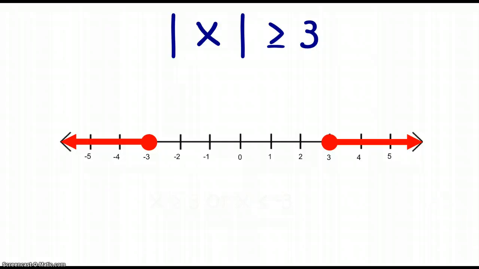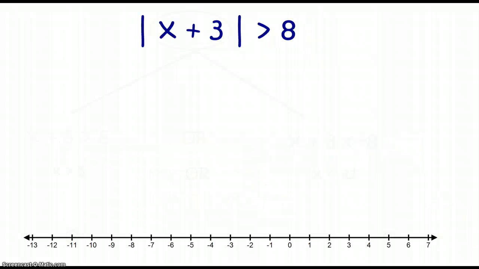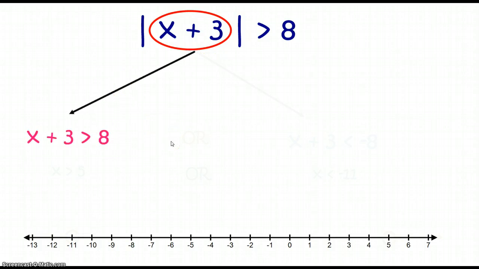Let's try one that's a little more difficult. This time we have more inside of our absolute value symbol. We need to take the inside, and it has to be more than 8 away from 0. So we're going to write two inequalities. One, x plus 3 is greater than 8. And our other one, on the other end, the absolute value of what's inside the absolute value symbol has to be less than -8.